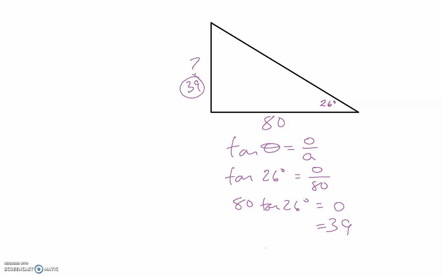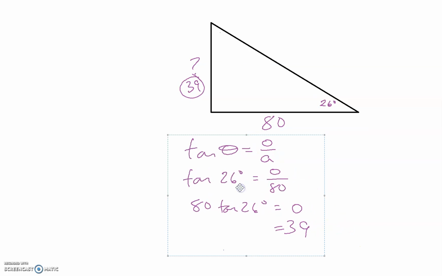All right, let's just move this over a little bit here so we can do something else. There we go, that's a little better. Okay, so let's switch this up a little bit. Suppose we wanted to do this a little bit differently. Suppose we had the other angle instead on the top left corner there.